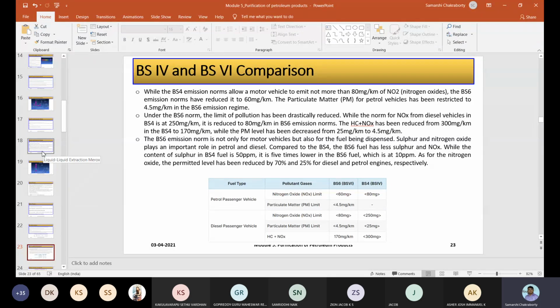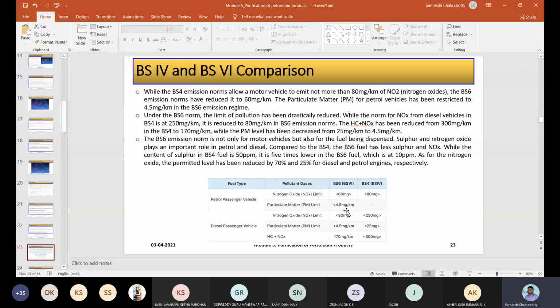We are talking a lot about desulfurization, but we are not talking about other treatments, like why we are not too concerned about nitrogen removal. But you will see that in the BS6 and BS4 standards, we are also focusing on other aspects. The particulate matter limit should be less than 4.5 mg per kilometer.